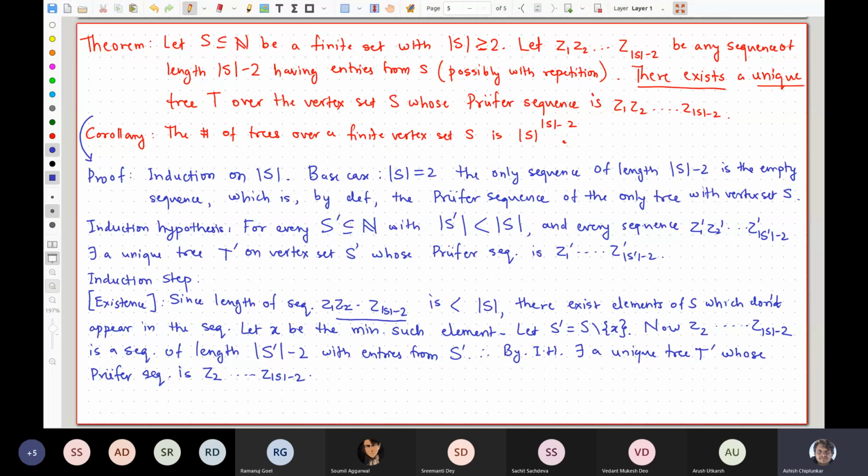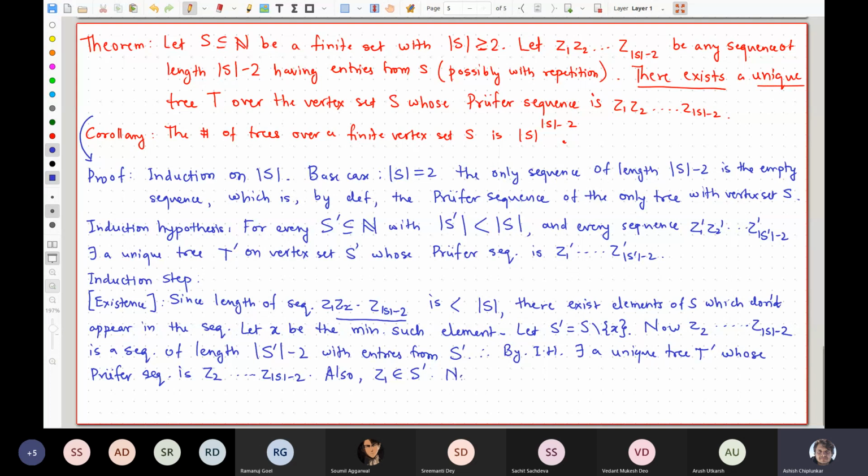This is what the induction hypothesis tells us. And now remember that Z1 is also an element of this set. Z1 is not equal to X because X does not appear in the sequence, and S prime is just S minus X, so Z1 is in S prime.